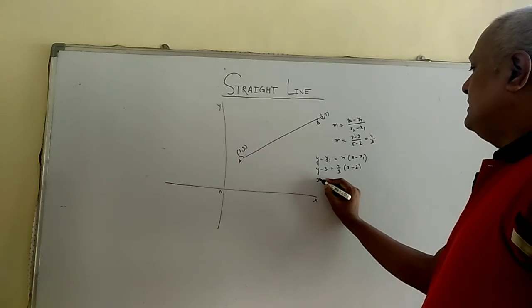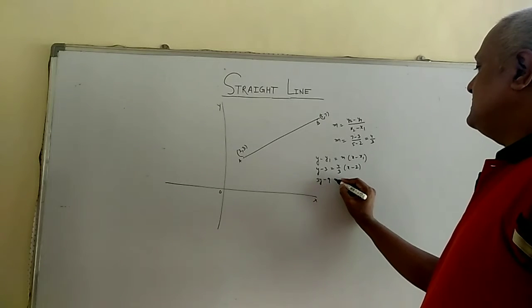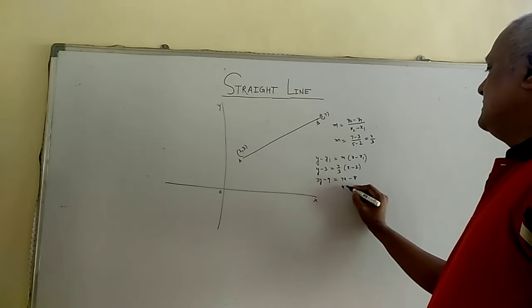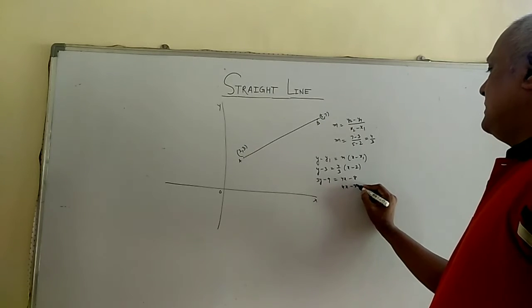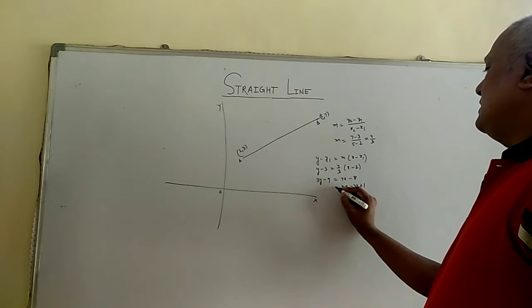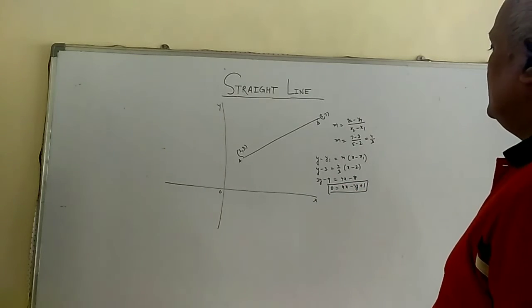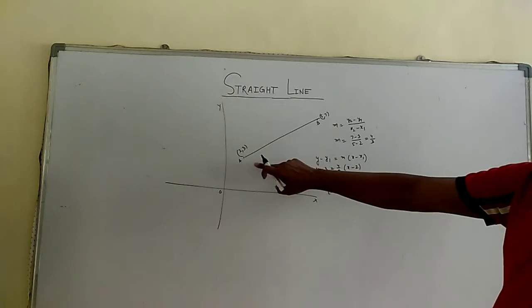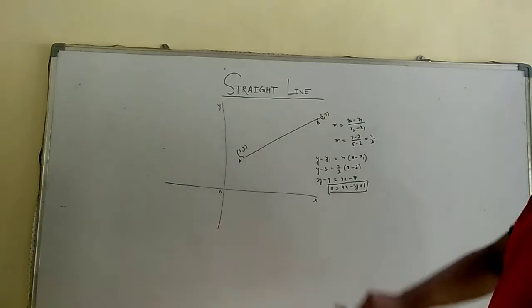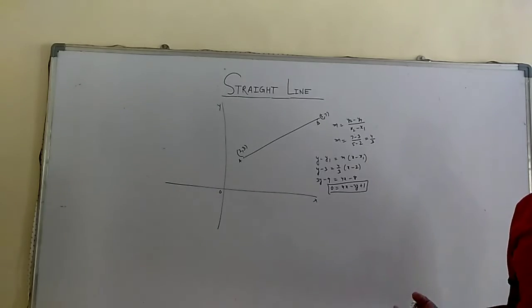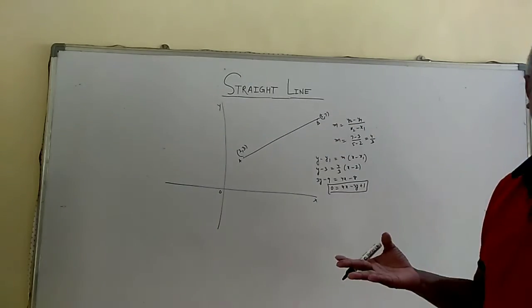Cross multiply, 3y minus 9 is 4x minus 8. So 4x minus 3y plus 1 equal to 0. This is your equation. Suppose instead of taking this point, if I take the other point, will I get the same answer or different? Mathematically you should get the same answer because this is one single line.